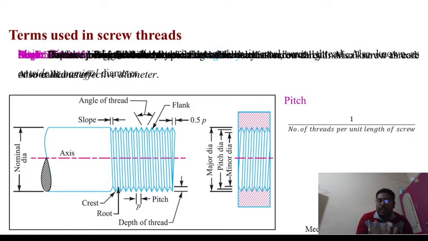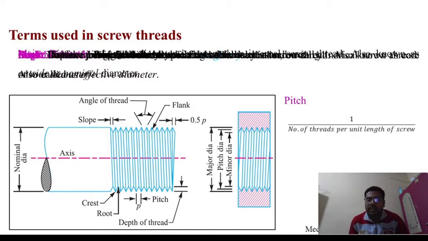What is the pitch diameter? The diameter in the middle, between the major diameter and the minor diameter, is called the pitch diameter. What is the minor diameter? Minor diameter is the least value of the thread diameter. These are the main components of screw threads.